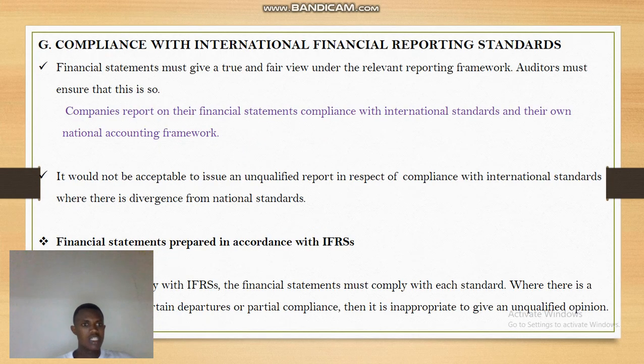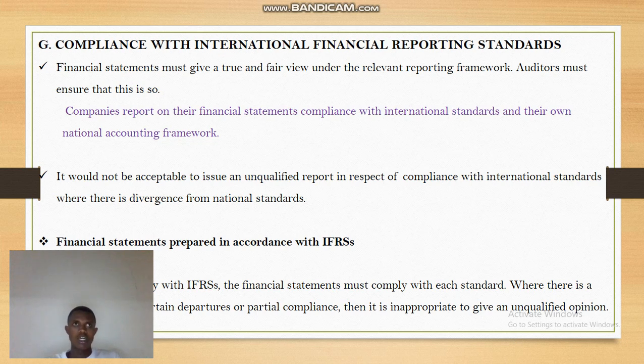Now the last point, as I said before, is compliance with the international financial reporting standard. As future auditors, we need to check whether the financial statement of a given entity is prepared in compliance with the international financial reporting standard, and also whether it complies with the national standard.